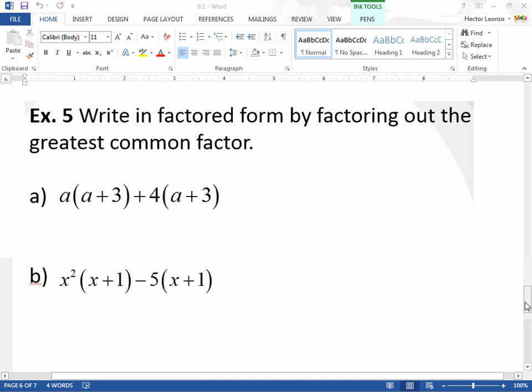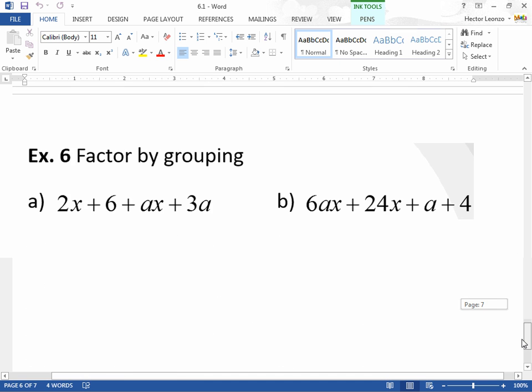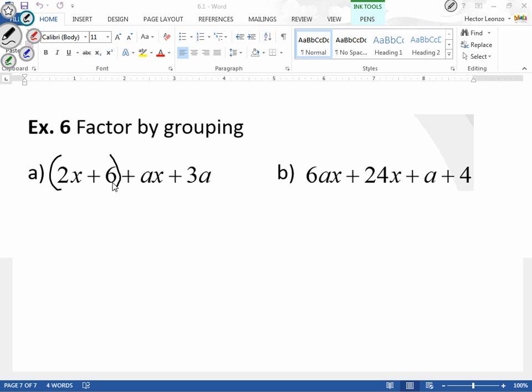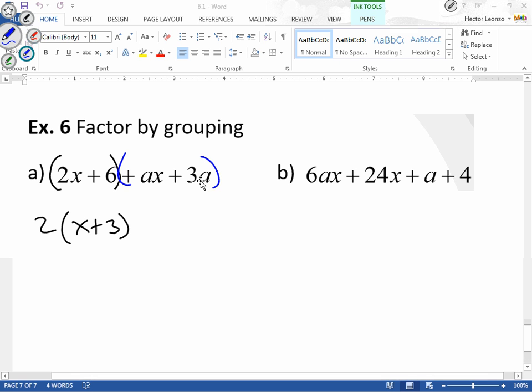As a matter of fact, let's take a look at an example of grouping. To factor by grouping, we have 4 terms. Let me take a look at the first 2 terms only: 2x plus 6. Let me factor out the greatest common factor. I can divide both of them by 2. Inside my parentheses, I'm going to have x plus 3. Now, let me take a look at my second group: positive ax plus 3a.